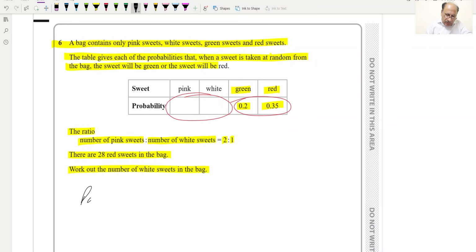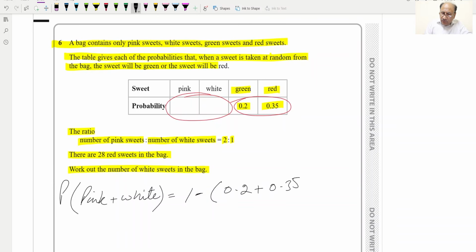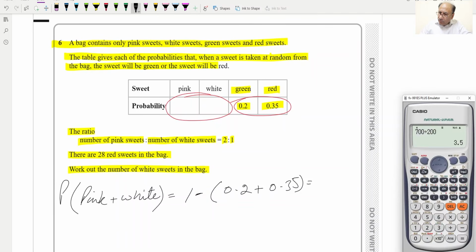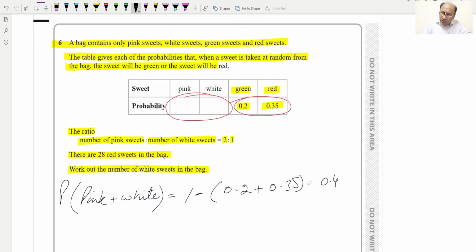So the probability for pink and white will be equal to 1 minus (0.2 plus 0.35), and this is equal to 0.45.